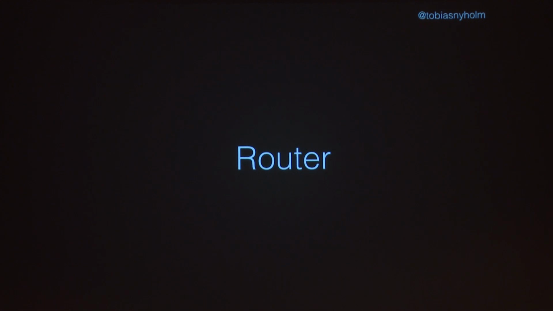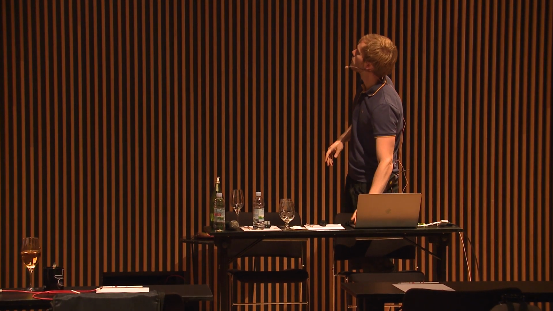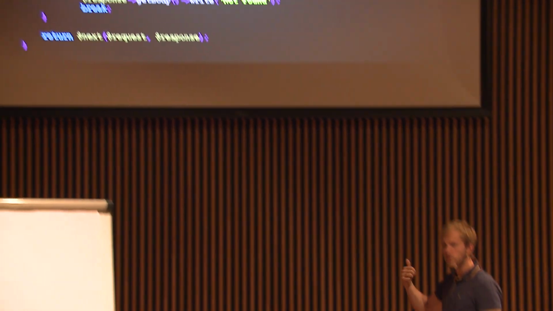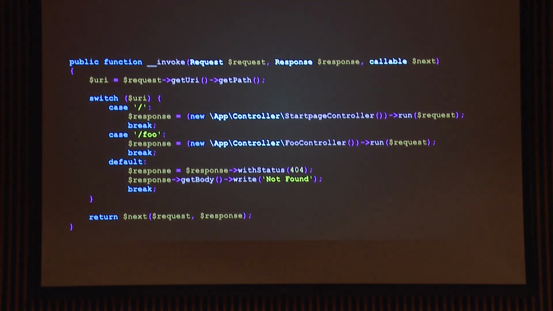I feel quite happy about this framework. I'm not really happy about the router. The router doesn't really scale very well. Basically a router looks like this. I guess most of your routers look like this. If I simplify and remove some code, it looks like this. So if I want to add 100 more controllers here, I have to have 100 more if statements.